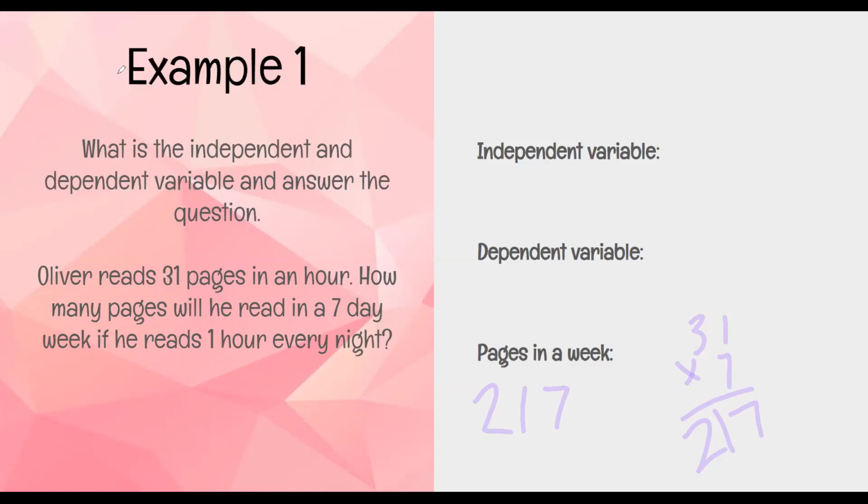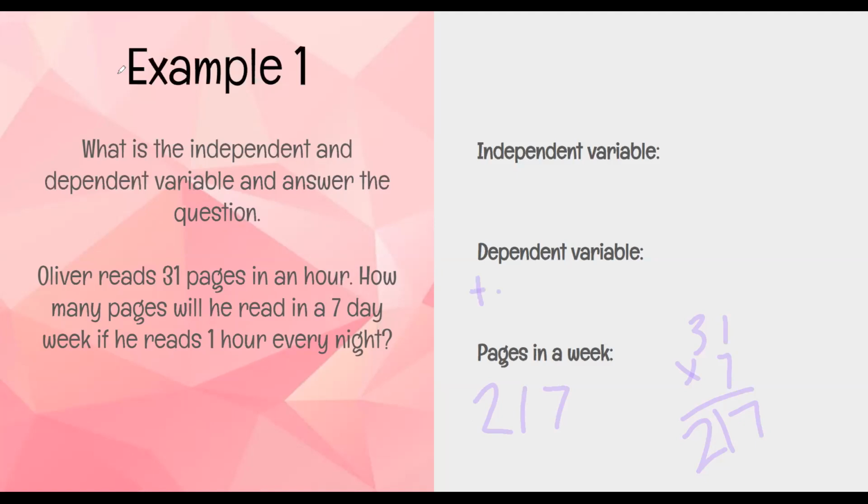So my dependent variable depends upon my independent variable. So in this case, the pages in a week is kind of a clue to you. So in this scenario, your dependent variable would be the total pages read.